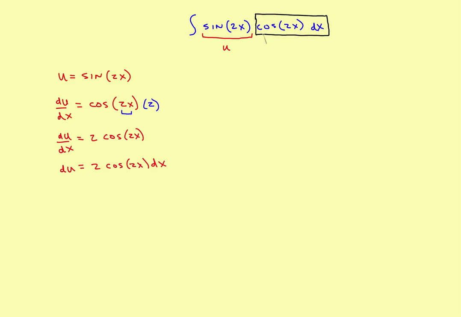When I look back up at your box, you're trying to get rid of a cosine of 2x dx, and you've got a cosine of 2x dx right here. But you don't need this 2, so move it to the other side. So divide both sides by 2, and you'd have 1/2 du equal to the cosine of 2x dx.